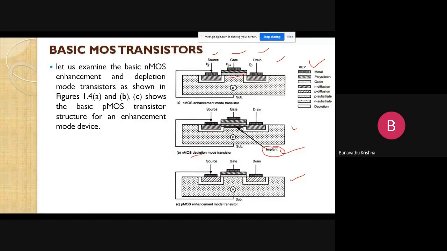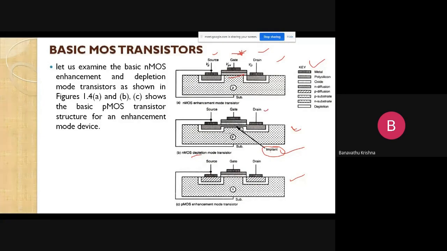So here it is the NMOS enhancement mode device. By applying positive voltage here, we can establish the channel in between source and drain at the gate, in this way. Let us observe this figure. So the channel is available here.